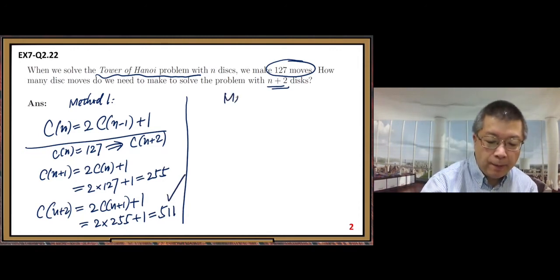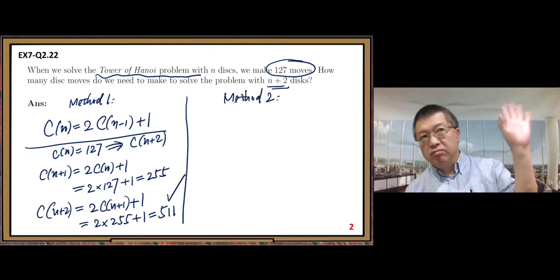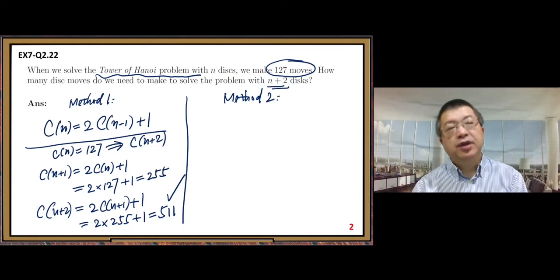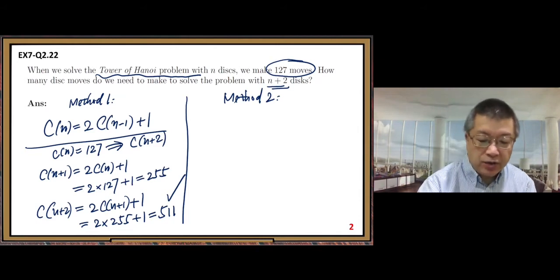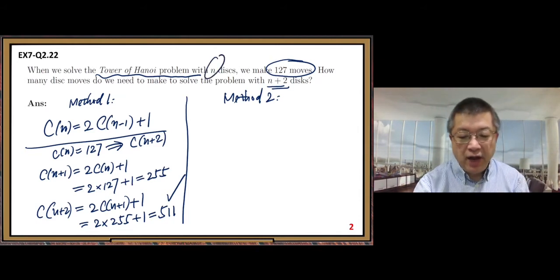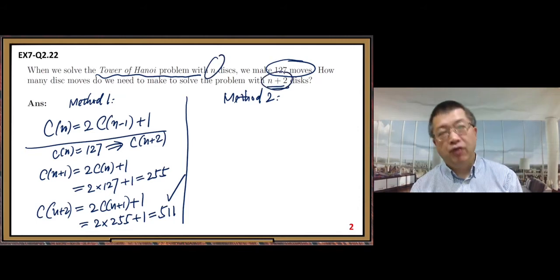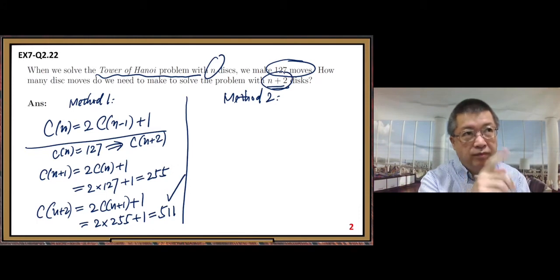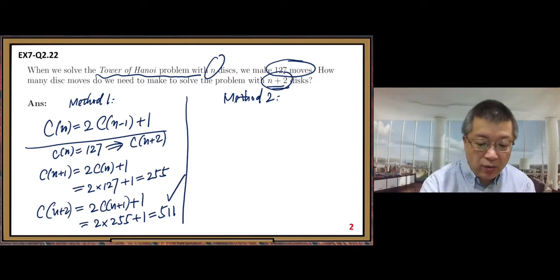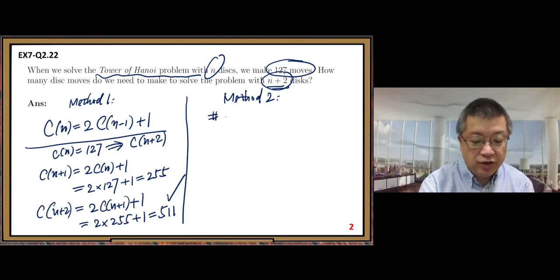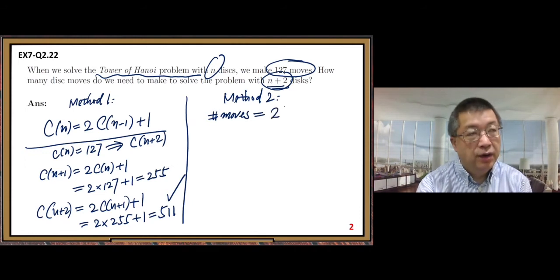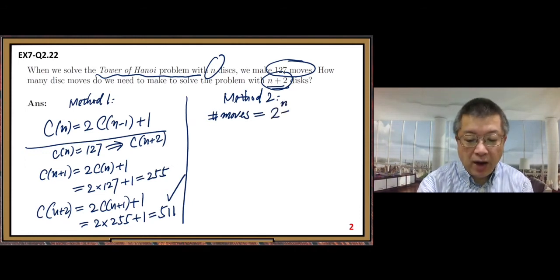Method 2, some students may like to use this direct way because we need to find n first. Then we have n plus 2, then we can use the formula. The formula is based on our result, the number of disk moves for n disks. That's 2 to the n minus 1, right?